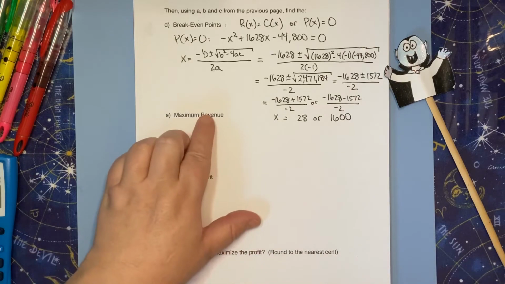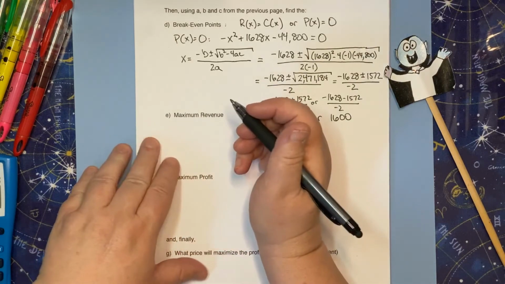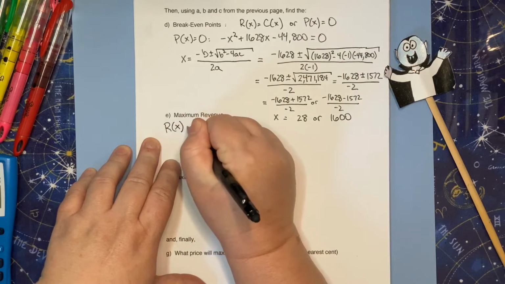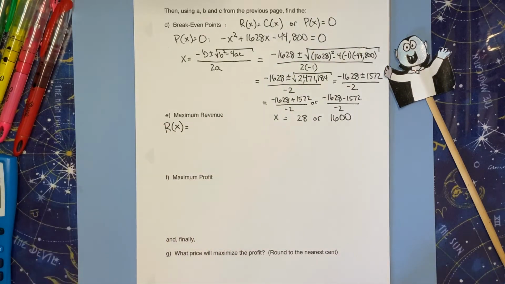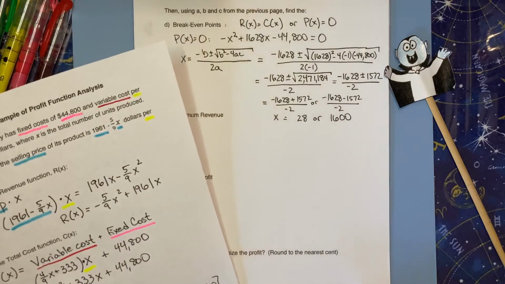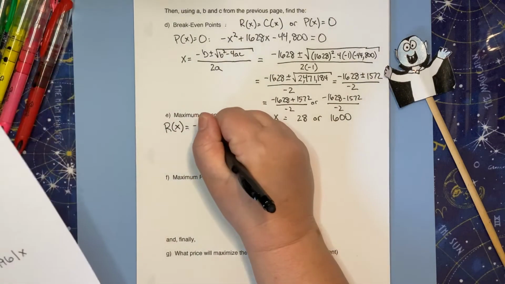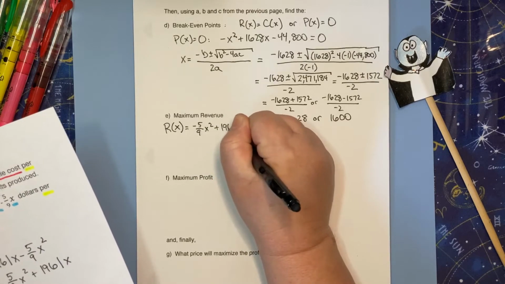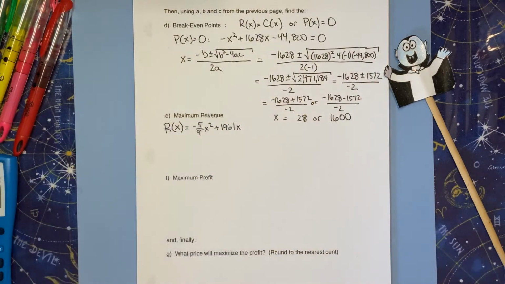Okay, let's go to maximum revenue. We want to know what number of units will maximize the revenue. If I go back to my first page, I see that my revenue function is -5/9 x squared plus 1961x.